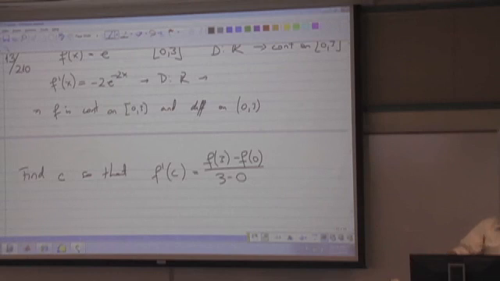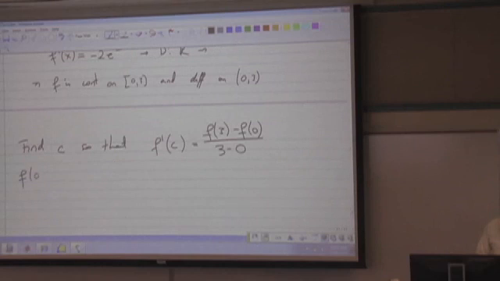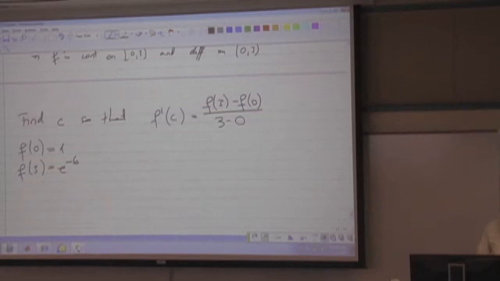Yeah? So f of 0 is equal to 1. f of 3 is equal to e to the minus 6. So minus 2 e to the minus 2c has to equal e to the minus 6 minus 1, divided by 3. Is that making sense? Yes? Where do you get that minus 2e?